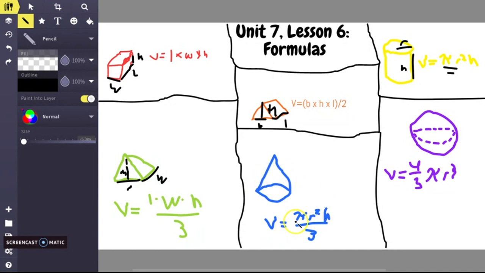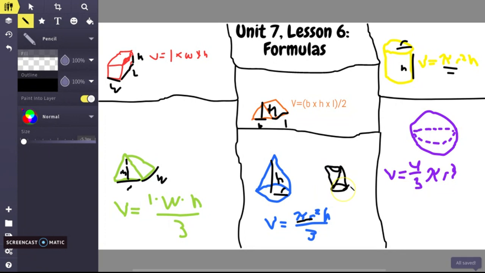So we still see this pi r squared. That is for this part right here. This is the radius. Once again, you need to know about this. And you multiply it by the height, which would be this. But then, if you just left it as that, it would be the same as calculating that. You have to divide it by 3, because imagine this. You have a cone. We have another cone that goes this way.